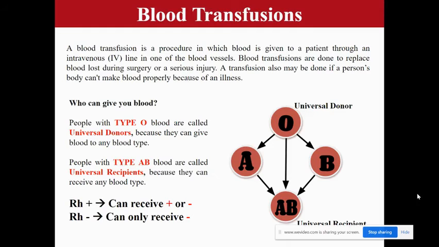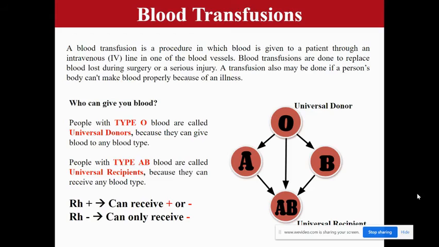You don't have to worry about what other type of blood the person has. Type O blood can be given to anybody, again, because it doesn't have any of those proteins on it, so it gets along with the other blood types.